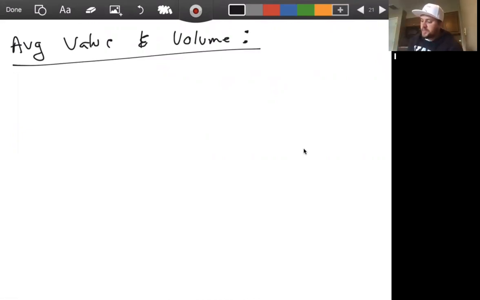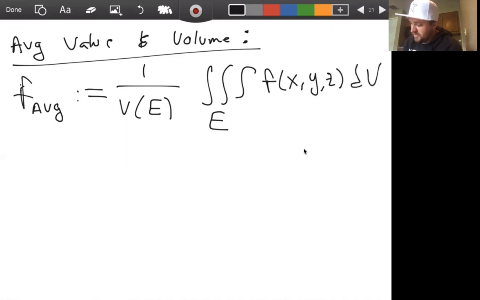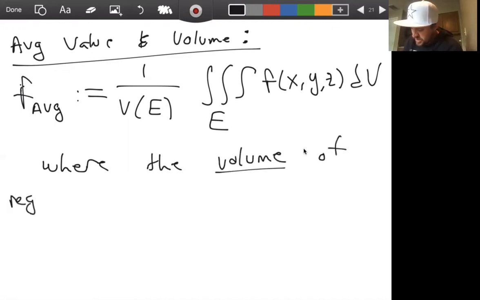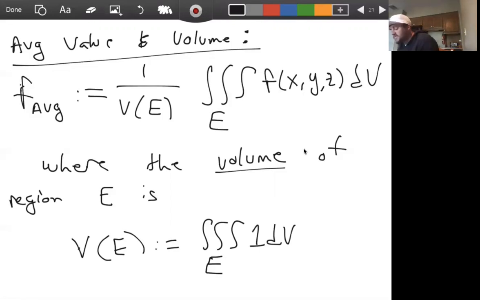So the average value, which we'll call F average, is defined to be 1 over the volume of the region E times the triple integral over the region E of f of x, y, z dV, where the volume of region E, so we'll say V of E, is defined to be the triple integral over the region E of the constant function 1 dV.